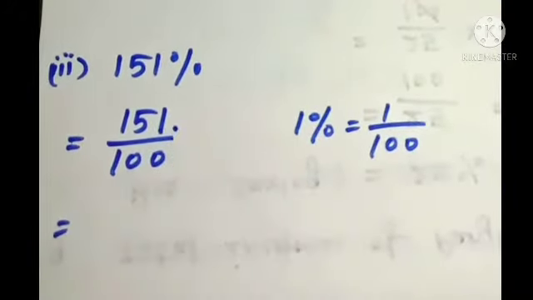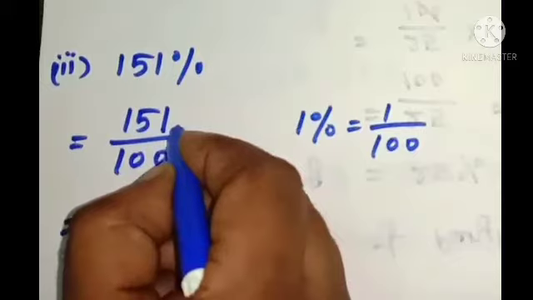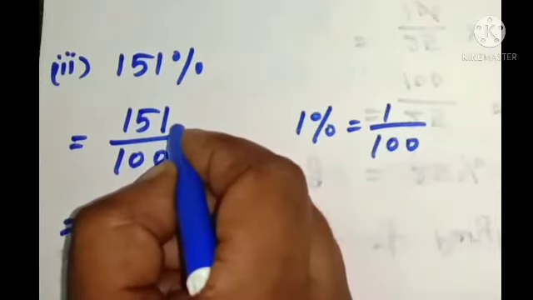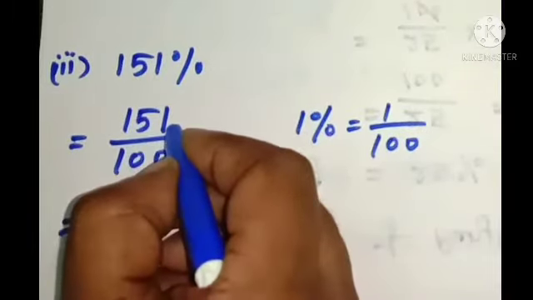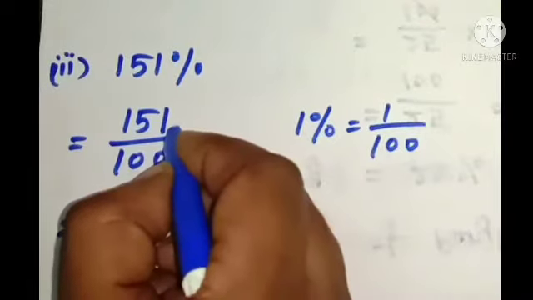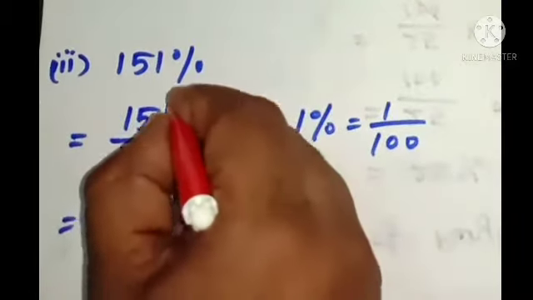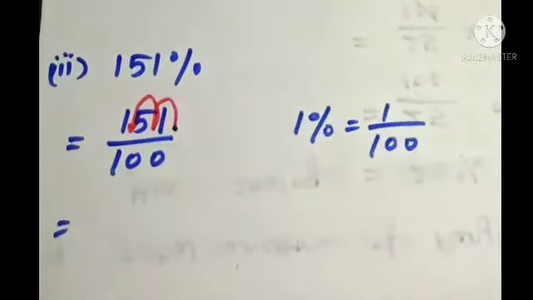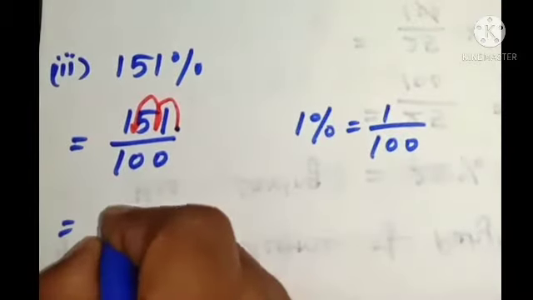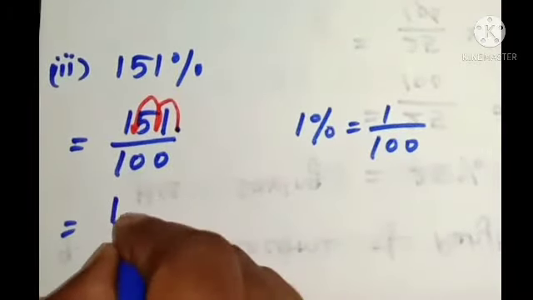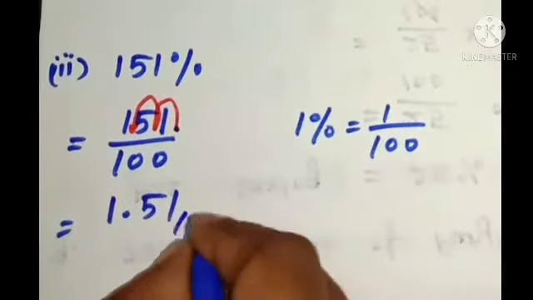You have to move 2 digits from right to left. Thus 1, 2. Therefore, the decimal point will occur between 1 and 5. 1.51 is the decimal number.